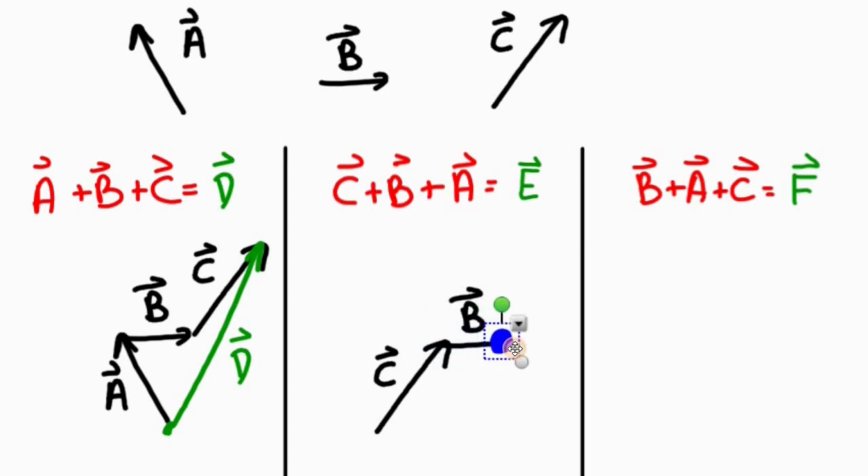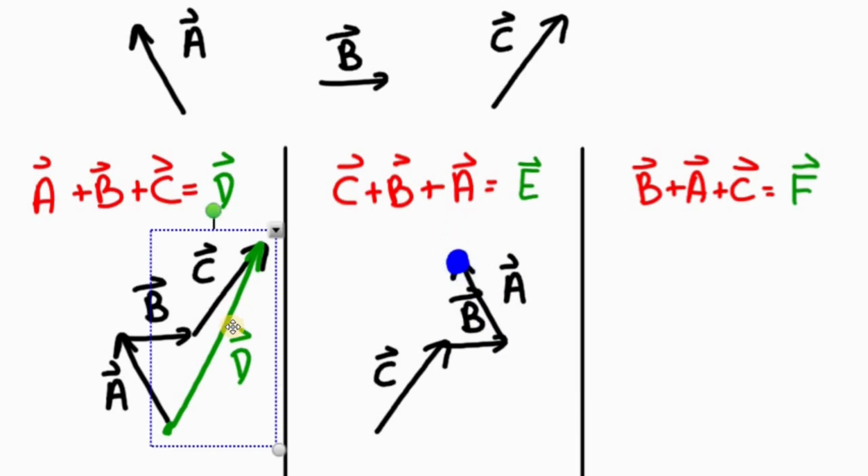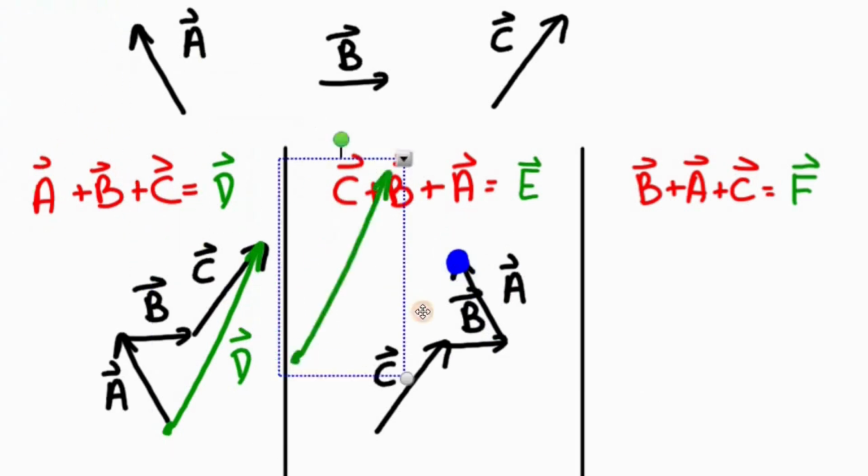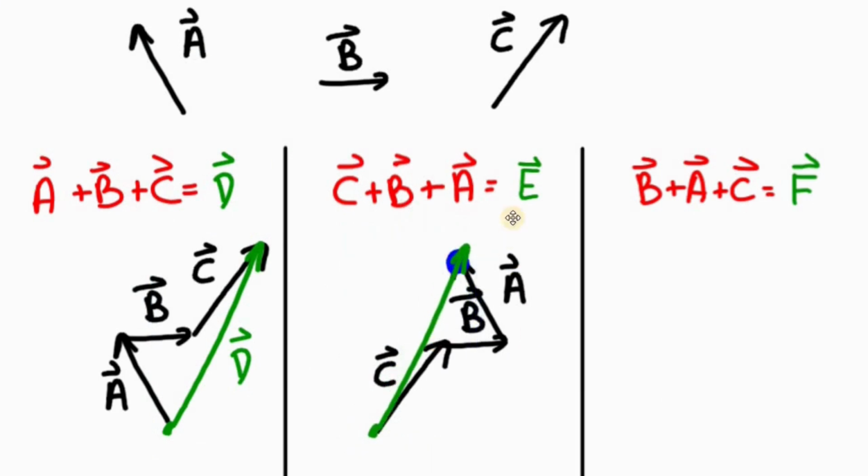And the very last thing is we're going to be moving vector A. Our object moves up and to the left just like this. And hopefully it'll result in the same resultant vector. Hey, it's not perfect, but I'm sure you could see that it's pretty much the same thing.